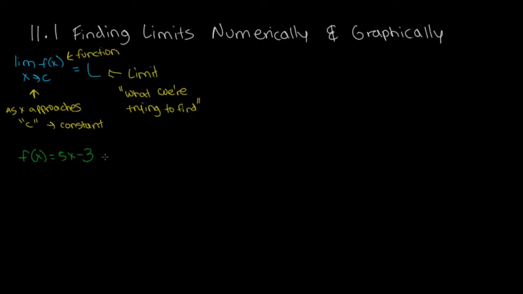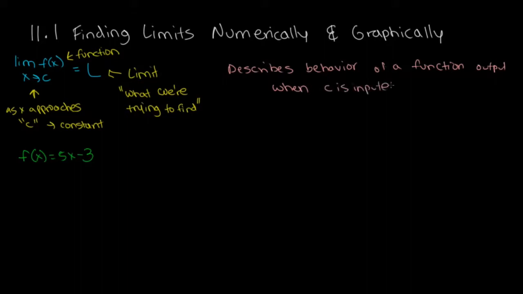What a limit is, a limit describes the behavior of a function output when c is inputted. This is basically a fancy way of saying that when we input c, or when we input values that are very, very close to c, they will approach a value L, and L is going to be our limit.